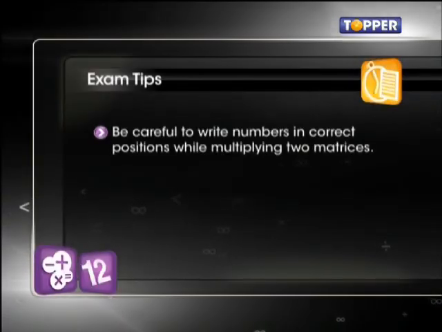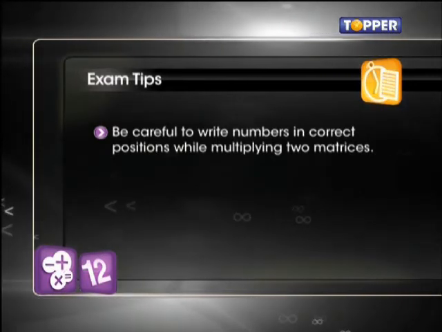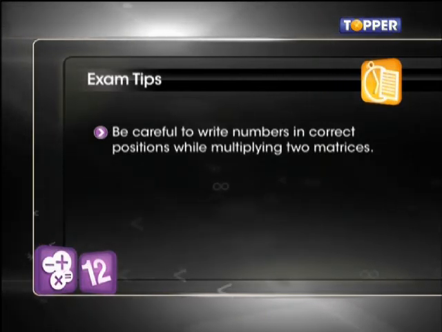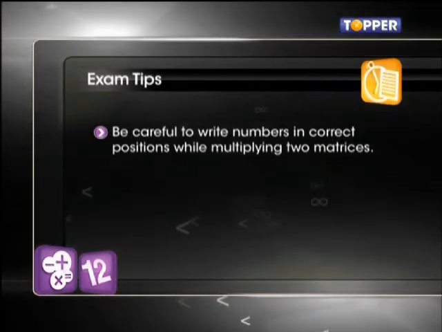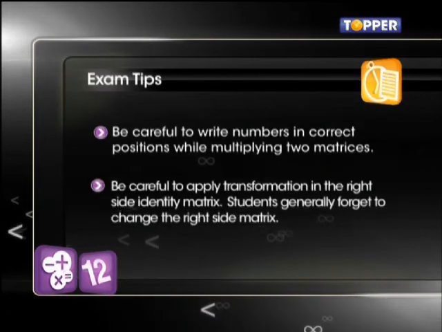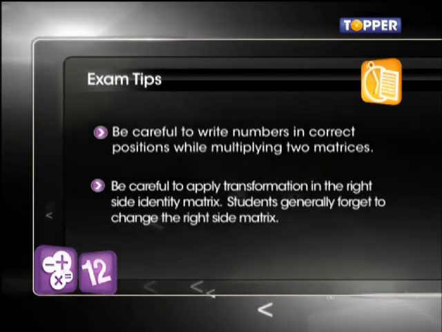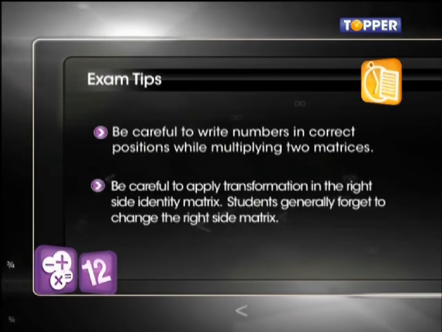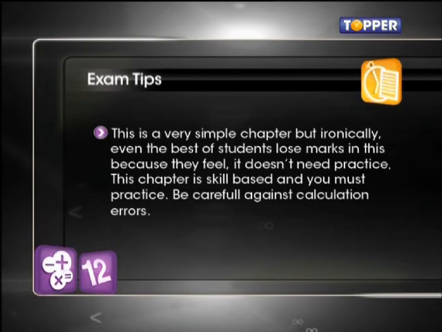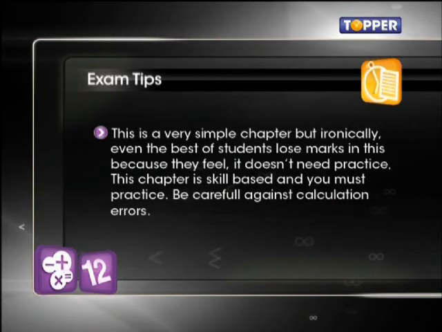The first and most important tip is that writing solutions in an orderly fashion is essential in this topic. So write the elements in correct positions, especially while multiplying matrices. Don't forget to apply transformations on the right-hand side identity matrix. It's a common mistake, so please try and avoid it. Although this is a very simple chapter compared to the others, many students lose marks because they get overconfident and don't practice enough.